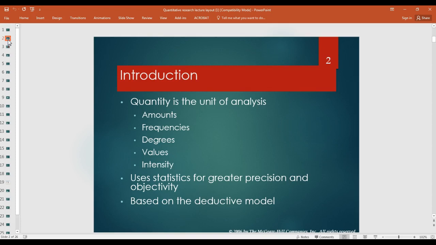But in quantitative research, I'm looking at numbers, statistics, frequencies, degrees, values, in order to give a final result of what could be the reasons or the situation in a specific experiment or study of a situation.